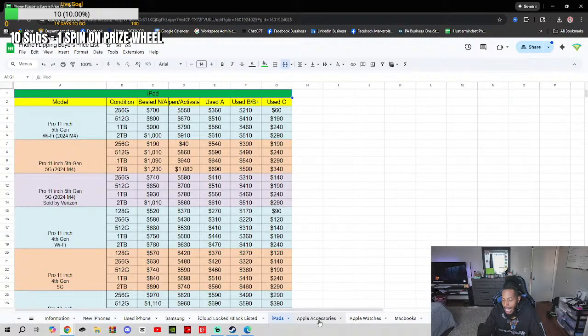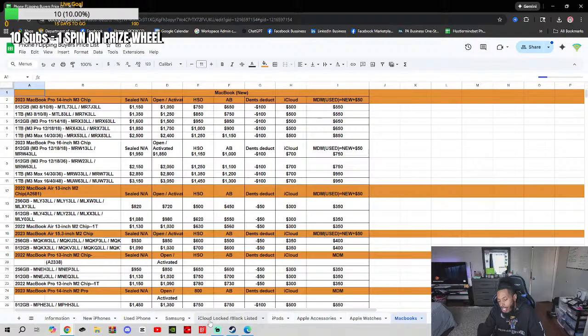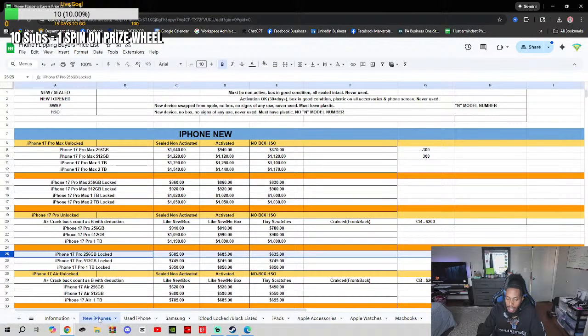I see iPads, I see Apple accessories, I see Apple Watches, I see MacBooks, but I do not see more price lists. Well, that's the reason. It's because we have agreed to make it fair. And everybody should understand it, especially if you're a businessman, that nobody wants to have other people's prices against theirs, especially if they feel they're not always going to have the best one.